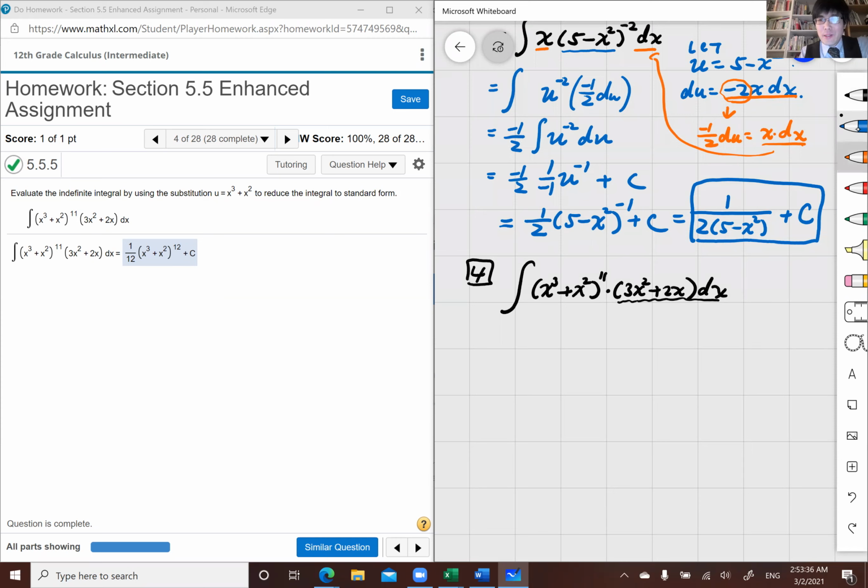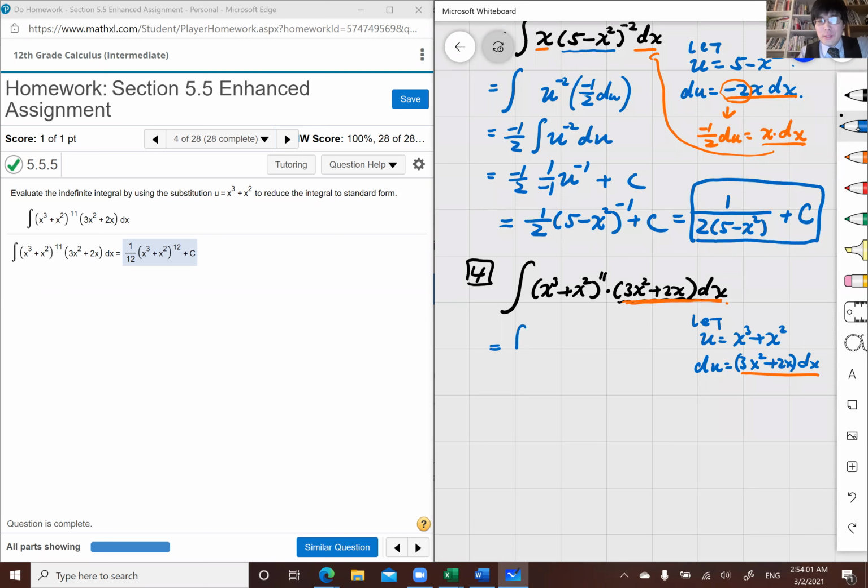However, luckily, we have this part, so the simple u substitution works. So let u is equal to x cubed plus x squared. Then du is (3x squared plus 2x) dx, which is exactly the same as this part.